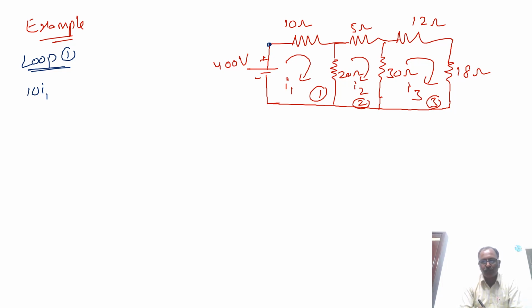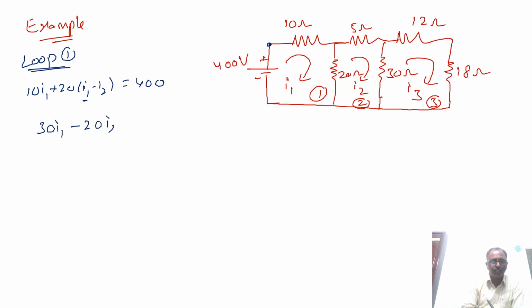So I1 is flowing from top to bottom, I2 is flowing bottom to top. So it will be 20 into I1 minus I2 equal to 400 voltage rise. So 10, here is one more I1 term, so 30 I1 minus 20 I2 equal to 400.